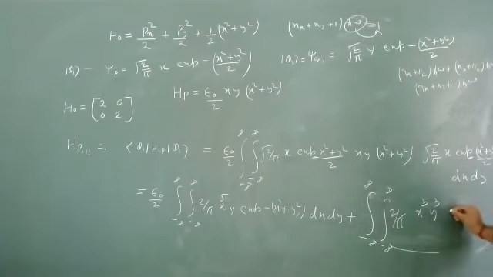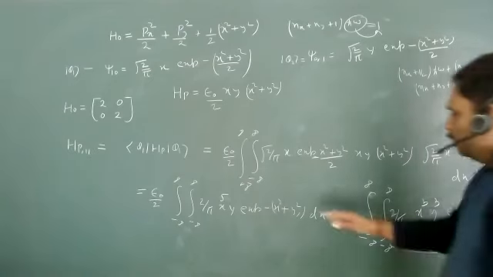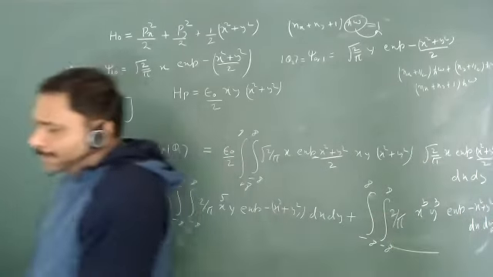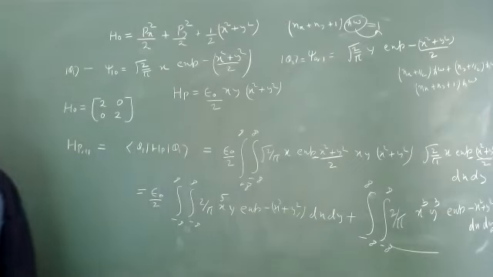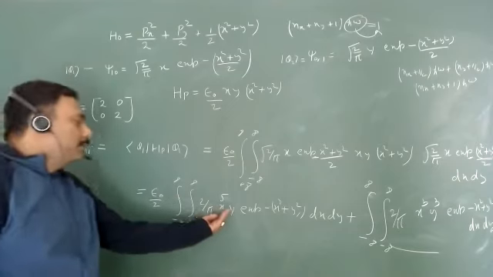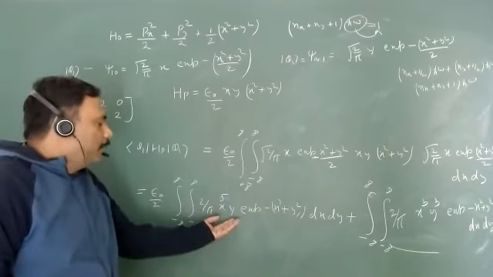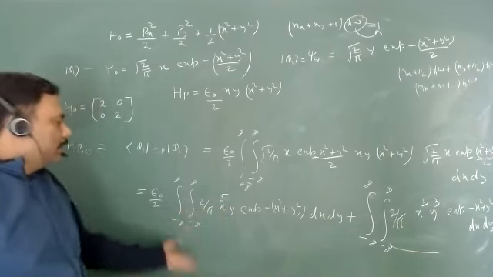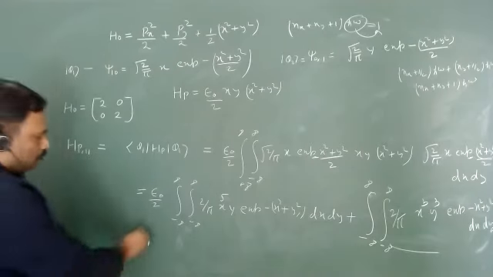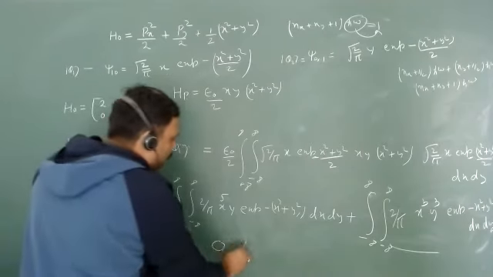So this value is exponential minus x square plus y square dx dy. Now, what will be this integration? 0. Exactly. Very good. Why? Because if you separate the x part and the y part, both are odd functions. You will get 0. So this integration is straightforward.